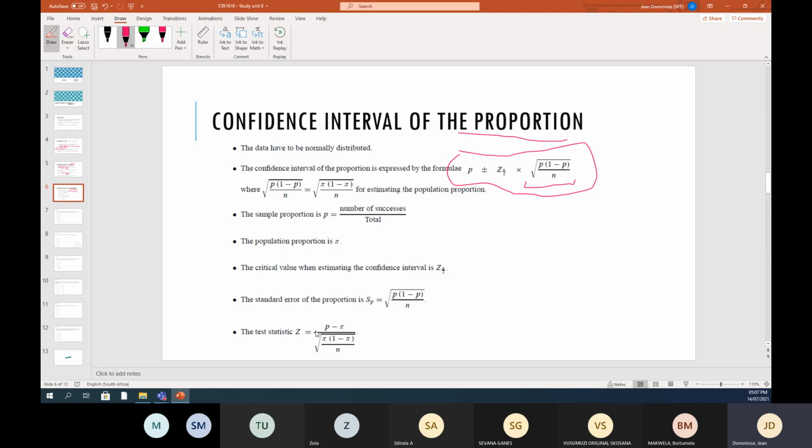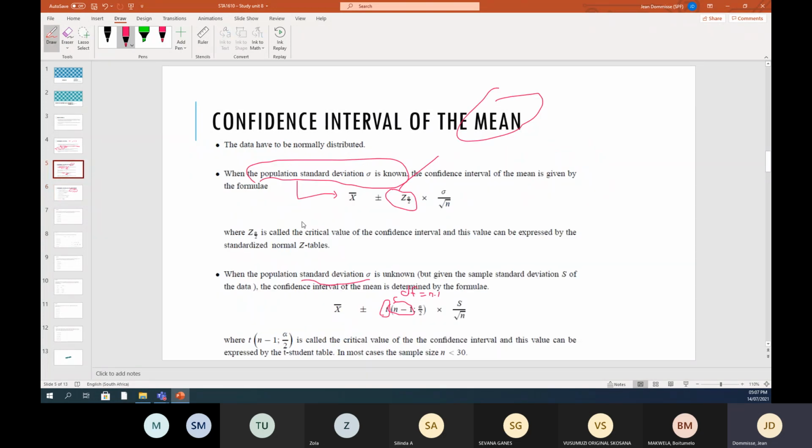When we calculated the z for your proportion, that was the standard error part of the calculation. So when we look at confidence intervals, the part that you multiply the z with is your standard error that we had in some of your previous study units as well.